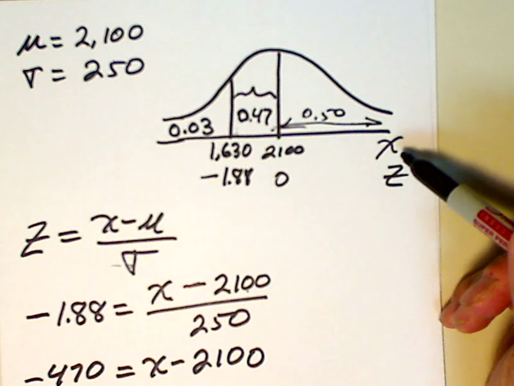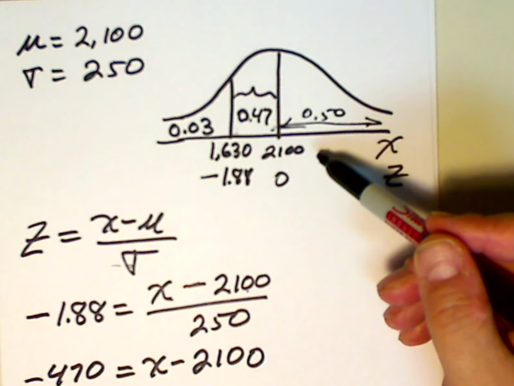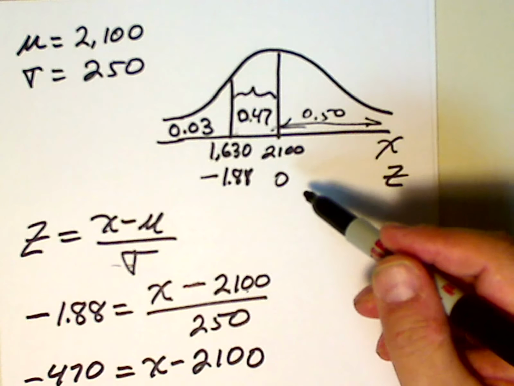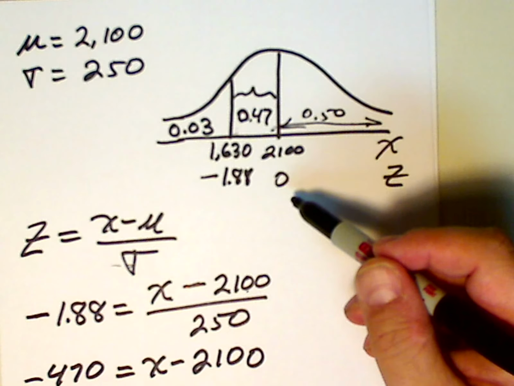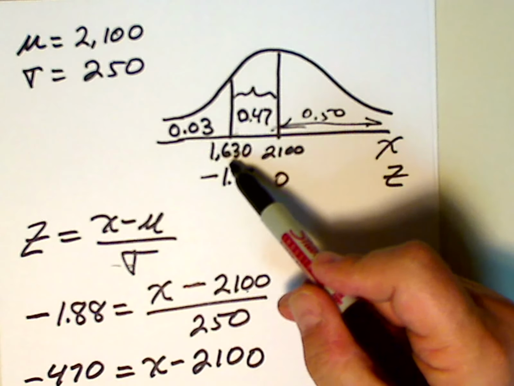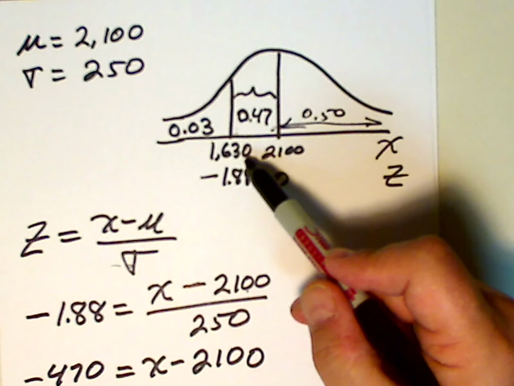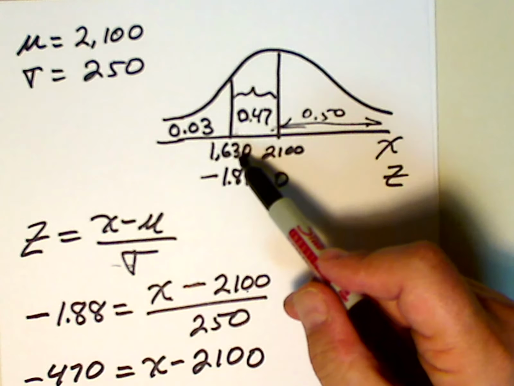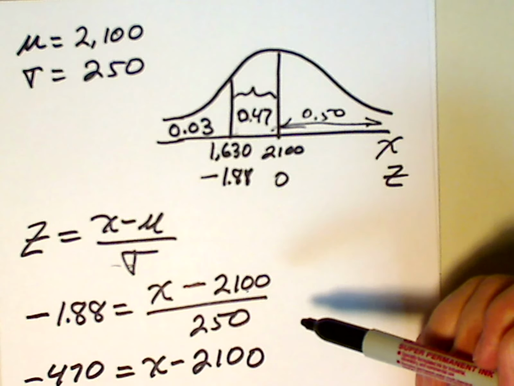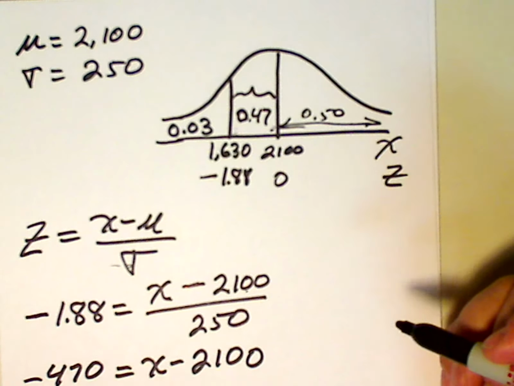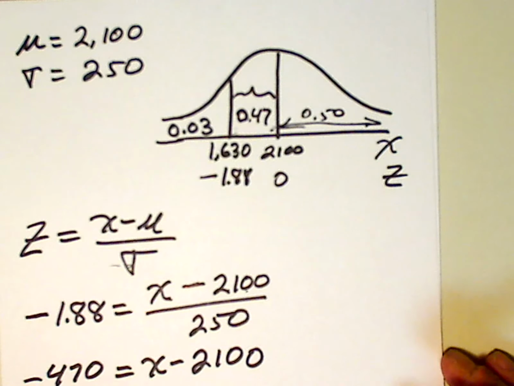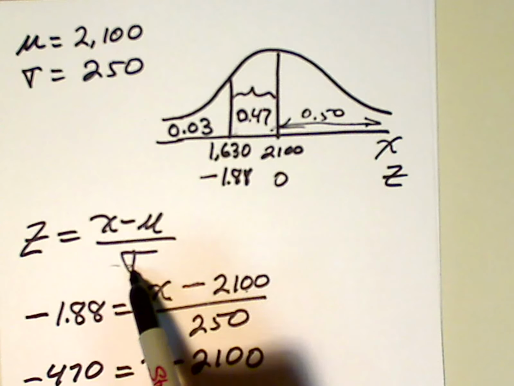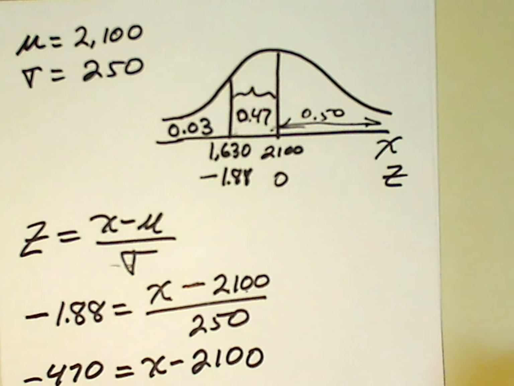So in this particular problem, the x values are units of dollars, but as always, the z values are units of standard deviation. So this $1,630 is 1.88 standard deviations from the mean. That's what this 1.88 represents. It's units of standard deviation. And that's what we get when we transform x minus mu divided by sigma.